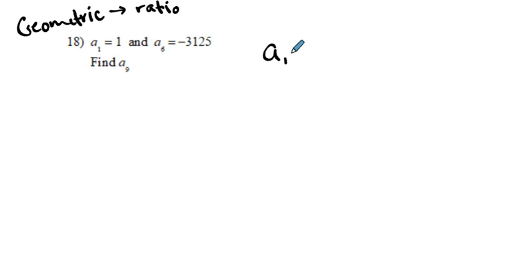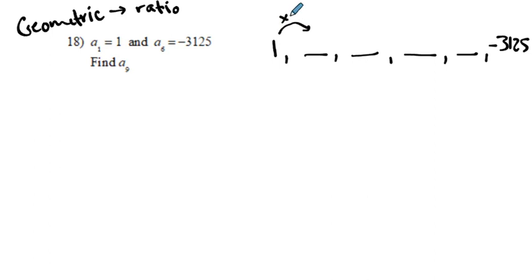So let's, actually I'm going to erase that. So here's my sequence. I have 1, I don't know the second term, I don't know the third term, I don't know the fourth term, I don't know the fifth term, I know the sixth term. So we know that in geometric sequences, we are multiplying by something, by a common ratio.